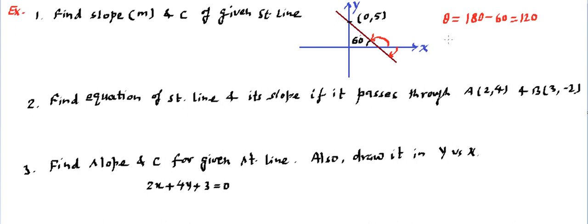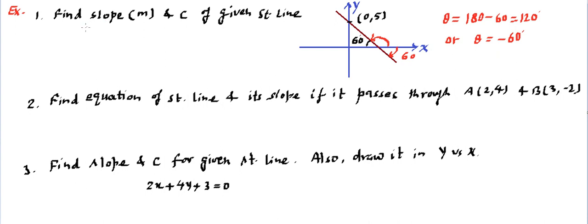Or theta can be taken this way: if we are measuring on this side, it's going to be minus 60, because this is 60, but we will write theta as minus 60 because this measurement is taking place in the opposite direction. Okay, so either you use theta as 120 or theta as minus 60 degrees, both are going to be correct expressions for the angle made by this straight line with the x-axis.